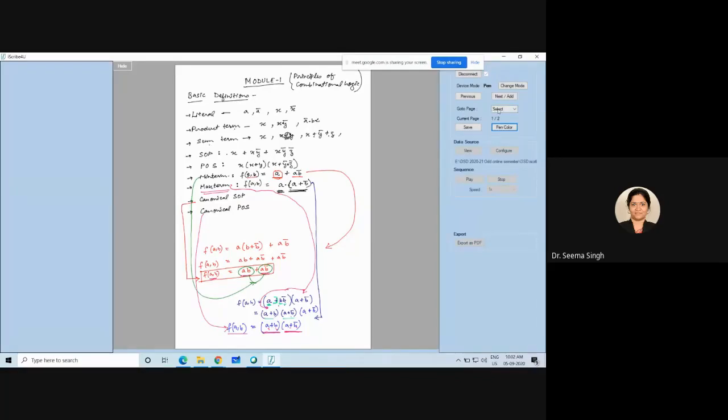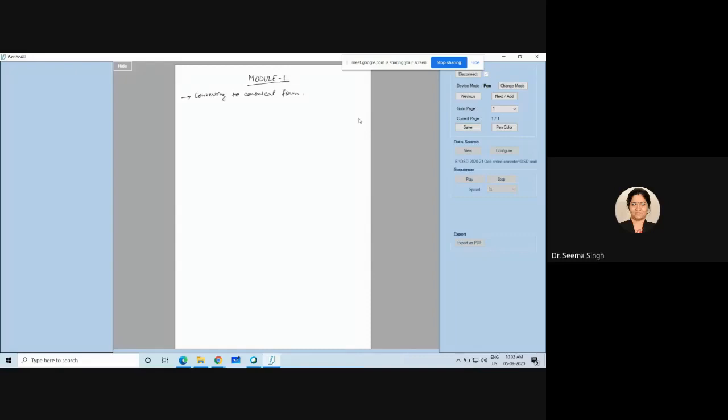So if these definitions are clear, we will go to conversion to canonical form. Write down the next topic name: conversion to canonical form.